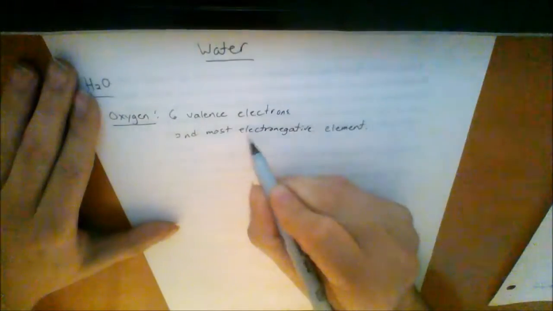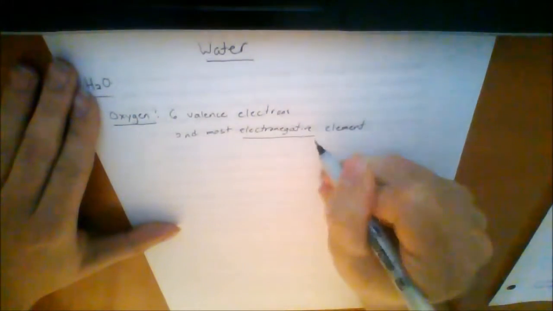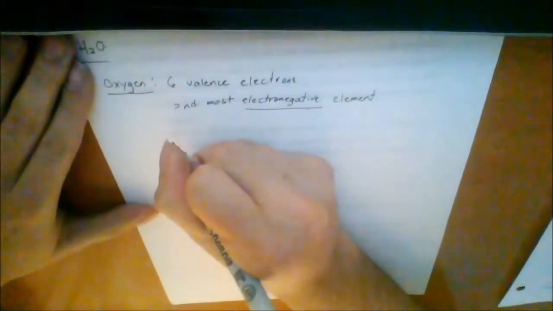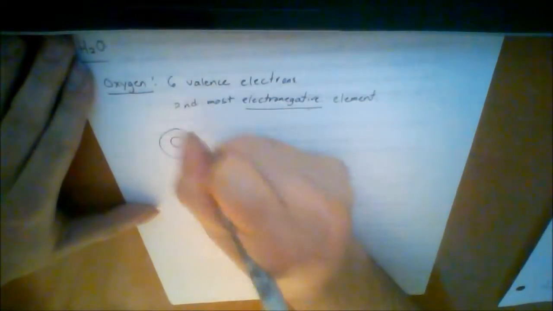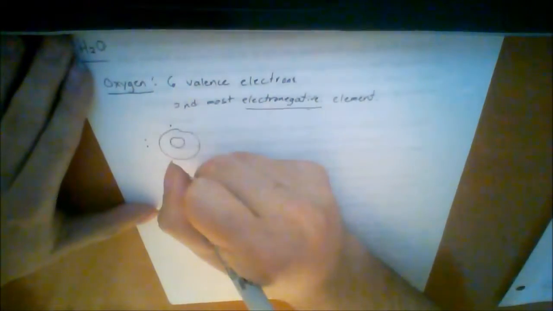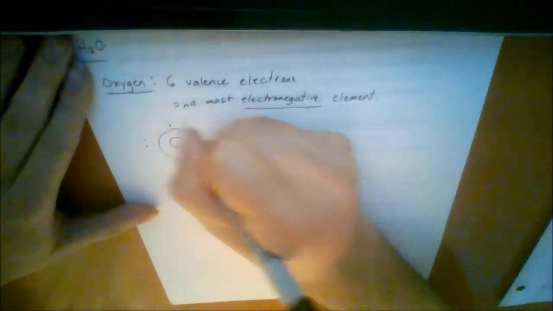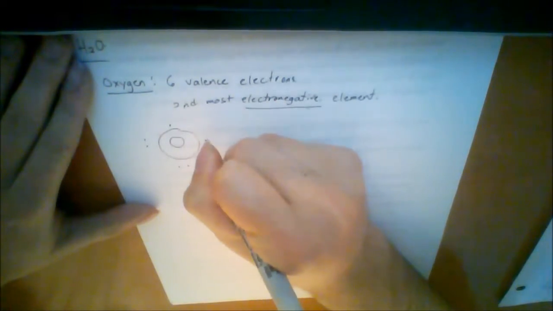And what do I mean by that? Well, electronegative basically means how badly you want the electron. So for example, let's picture an oxygen element here with its electrons. That was poorly built.